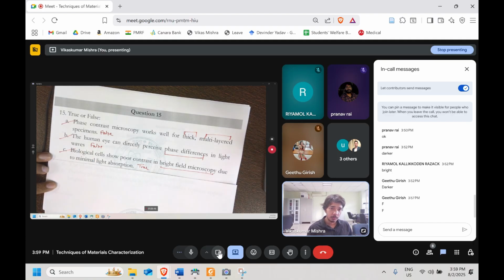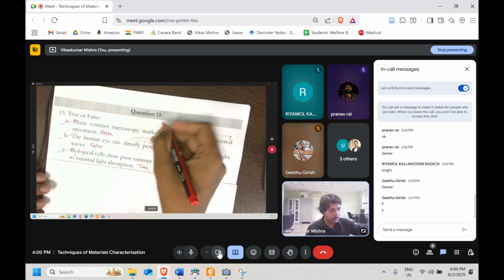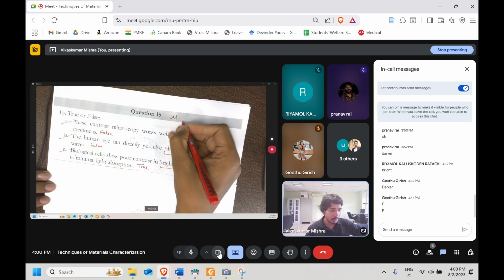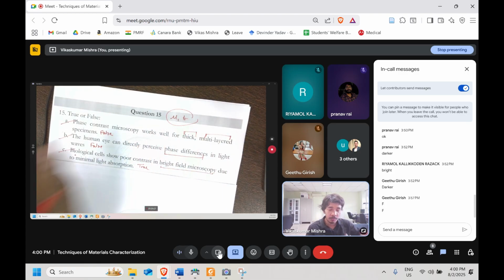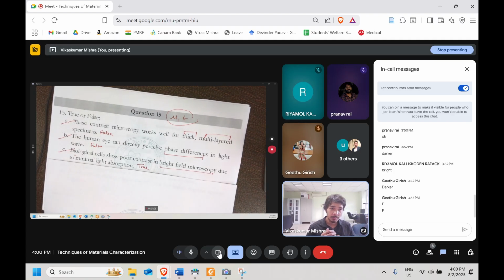So why can you use these biological cells in phase contrast? Because in the different sections of the biological cell, first of all, thickness variation is there, and also the refractive index will change. Due to the difference in refractive index and the difference in thickness of the different sections of the cells, you will be able to visualize it.